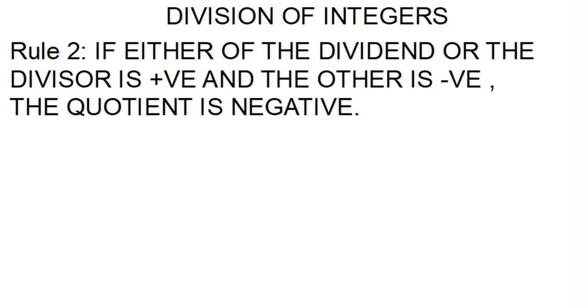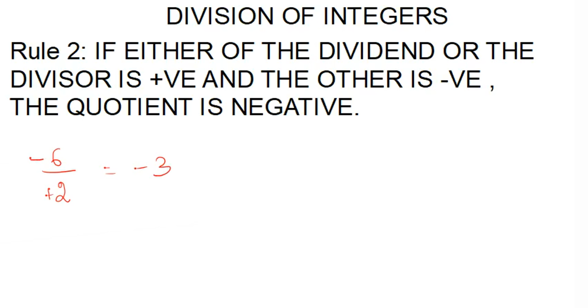Second rule of division is, if either one of the dividend or the divisor is positive and the other is negative, then the quotient is negative. So we'll see the example. If suppose we are having the dividend to be minus 6 and the divisor to be plus 2, then our quotient would be minus 3.